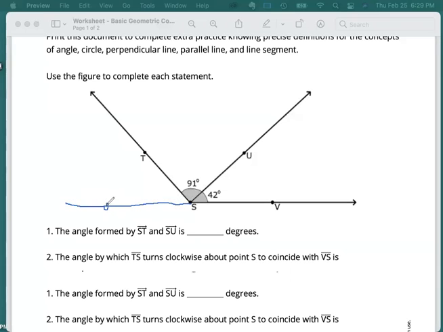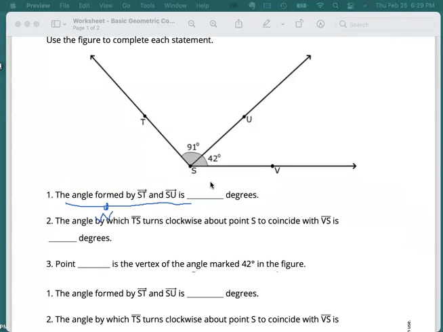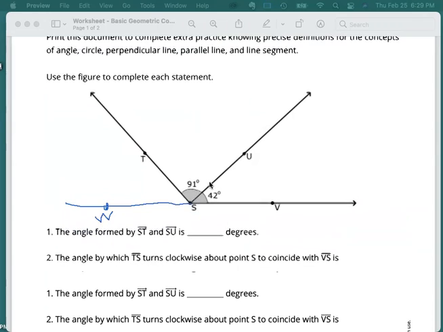Okay, so straight line, and this is point W. The angle by which line TS turns counterclockwise to coincide with WS is how many degrees?